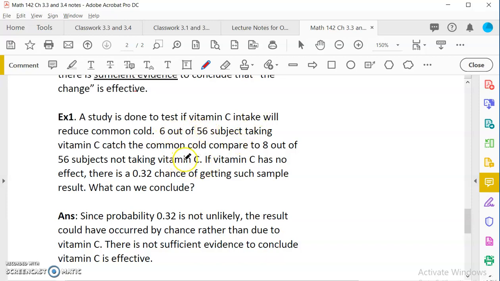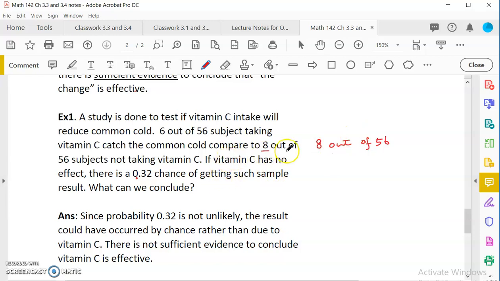But for those who do not take vitamin C, 8 out of 56 catch a cold. So 8 out of 56 could be more, could be less.